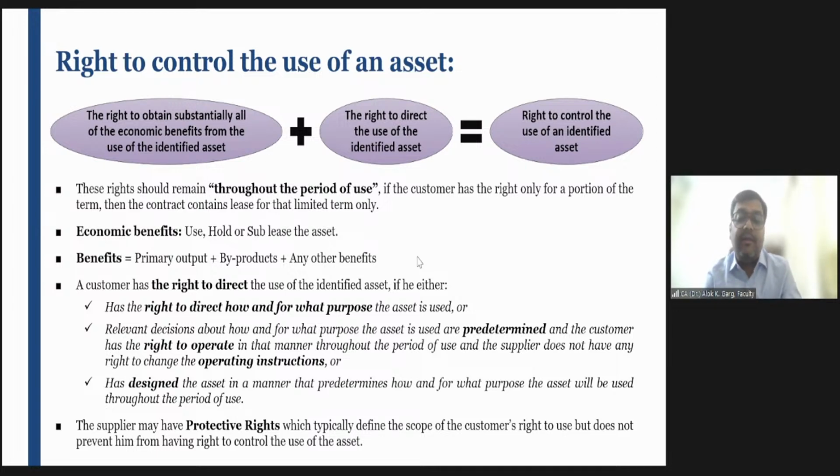Shruti said, okay, in this case, the standard has a provision that if lessor and lessee have decided some operating instructions at the beginning of the contract, and the lessor does not have a right to alter those decisions, then the right to control the use of an asset is also provided to the lessee, right? So this is what it is given.